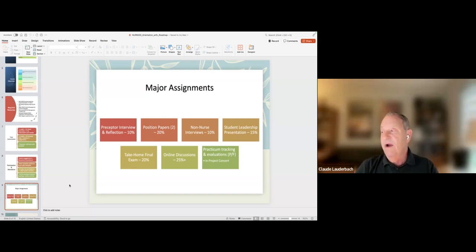Then also there are 4 non-nurse interviews, and there's a lot of detail on that in the syllabus about who are potential people you would interview in your organization where you're doing your practicum. They're often like the CFO, the person in charge of planning. If you have somebody involved with community engagement, that person is a good person to interview.